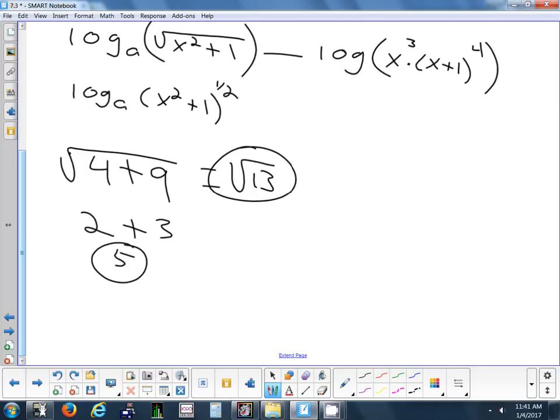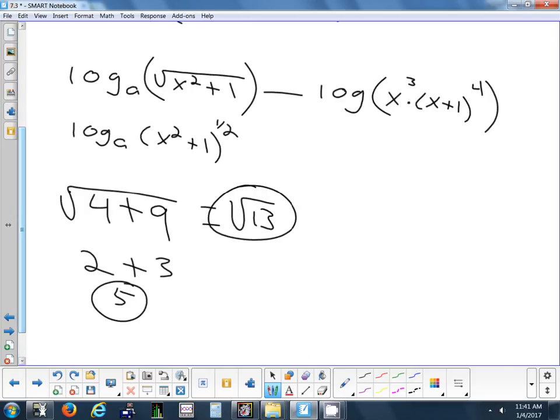So which one is correct, square root of 13 or 5? Square root of 13. So when you have addition under a square root, you can't take the square root of each number individually. That's why you can't simplify this x squared. You can't do anything to either one of those individually. You just have to take the whole thing, put it in parentheses, and put 1/2. Don't try to do anything else.